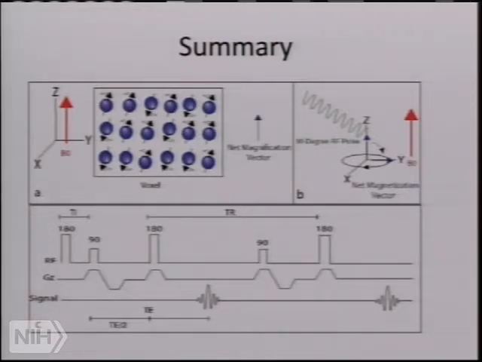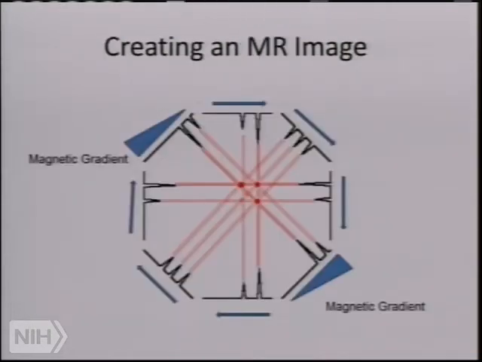And when you release or turn off this exciting RF pulse, you get a release of energy in the form of signal, depending on how you play out these various radio frequency pulses. So that's the signal that generates an MRI.